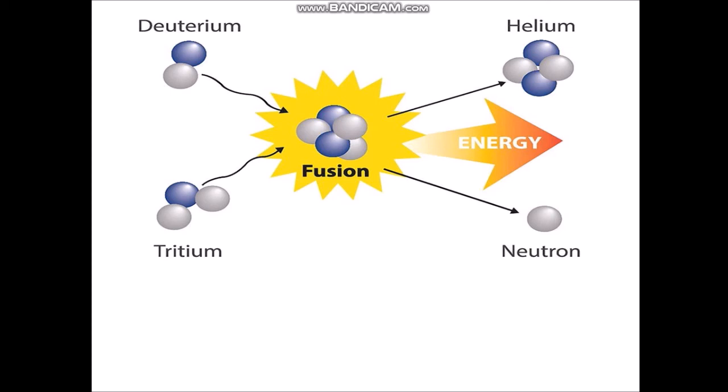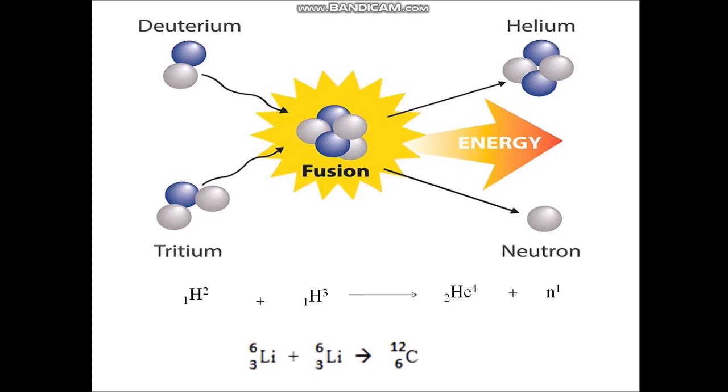These three neutrons cause the atom to be unstable, and one neutron is released, with the formation of a stable helium nucleus. So deuterium and tritium fuse together to form helium plus a neutron.